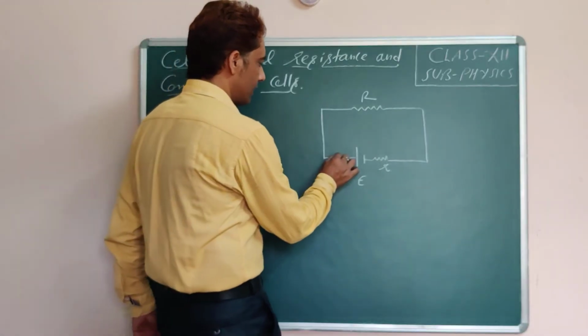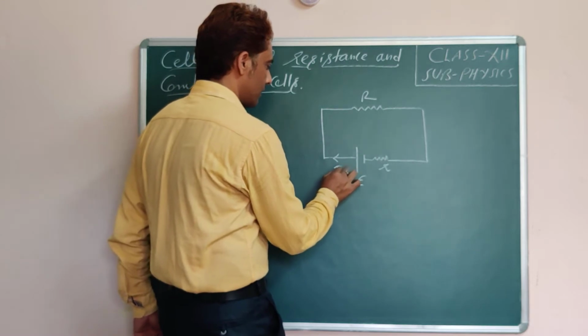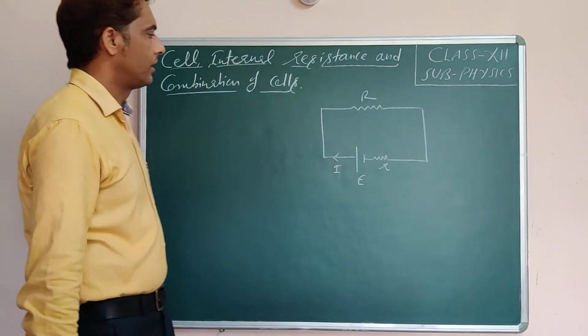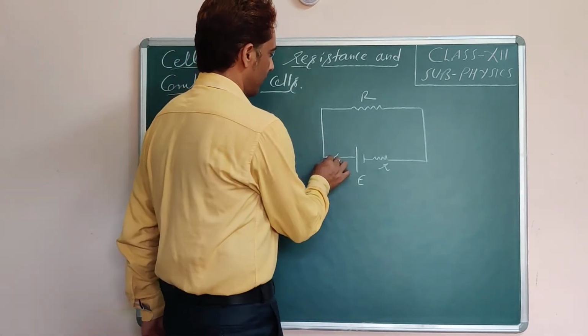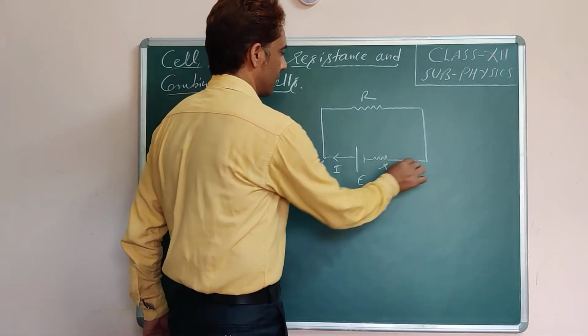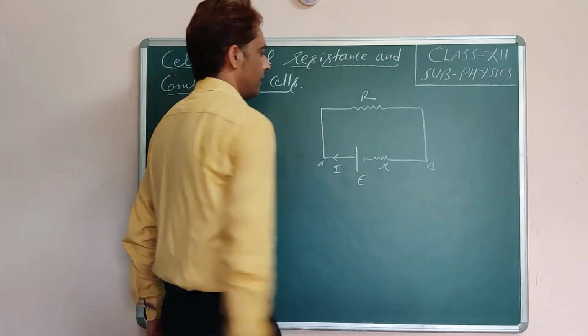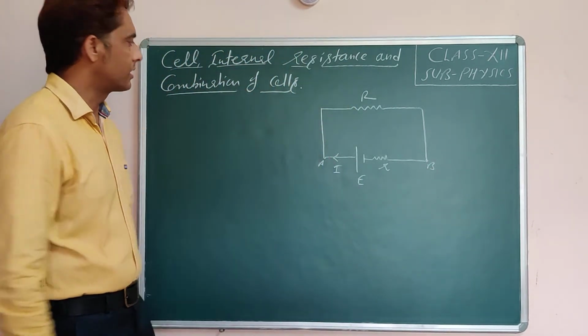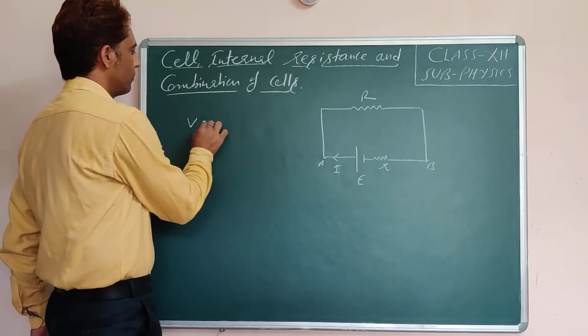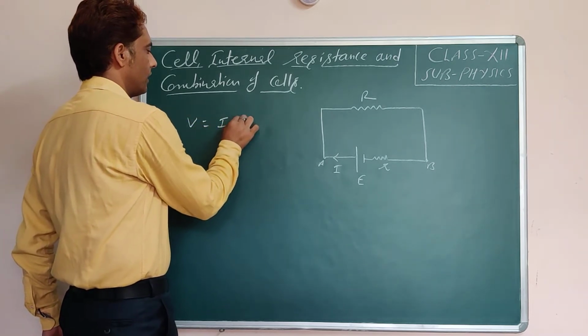Now if I is the current due to this cell, and this point is A and this point is B, then you can write the potential difference across this resistor, V is equal to IR.